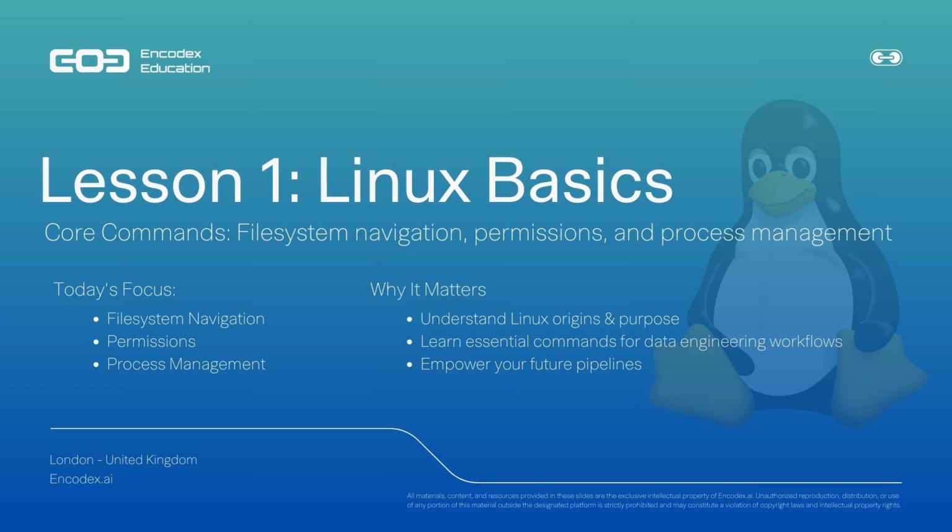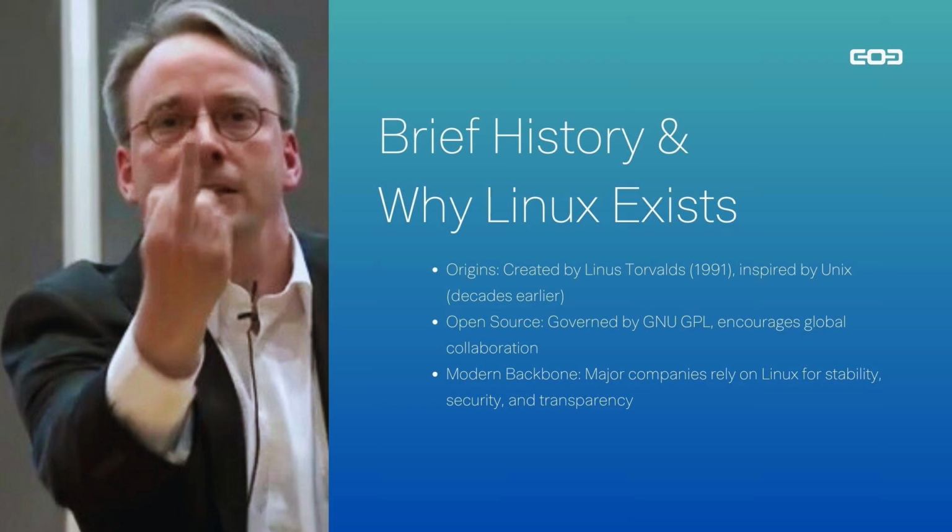Let's get started. Before we jump into commands, let's talk about how and why Linux was originally made, and why it's still the backbone of modern computing. Linux was created by Linus Torvalds in 1991, building on ideas from Unix, which was developed decades earlier.